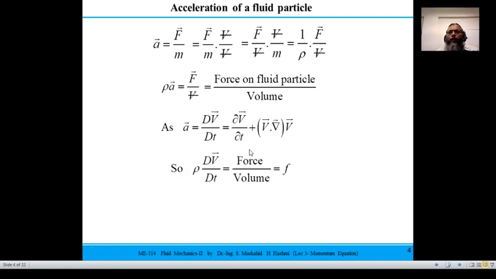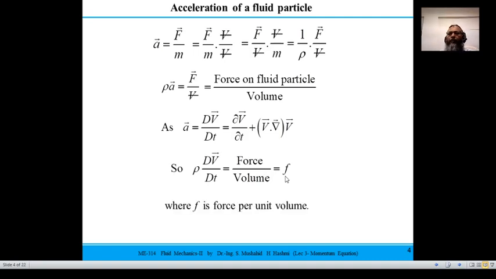So we can write acceleration times density as a force per unit volume. Instead of acceleration, I just substituted Dv by Dt, the material derivative. The force has a unit of Newton and the volume is in meter cube, so we define another quantity, small f, which is the force per unit volume.